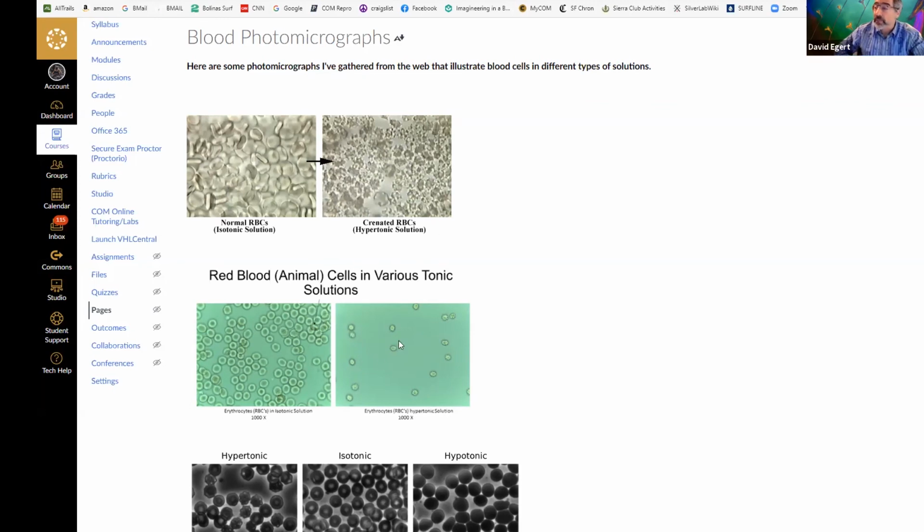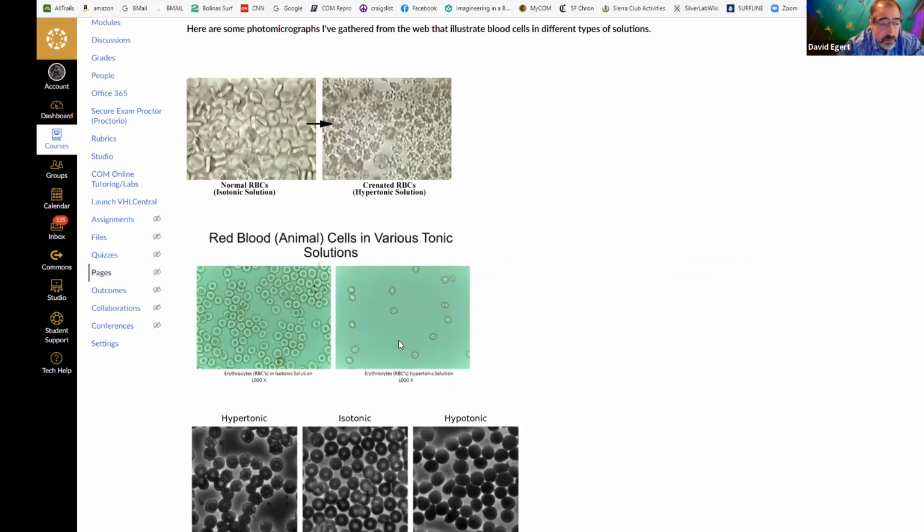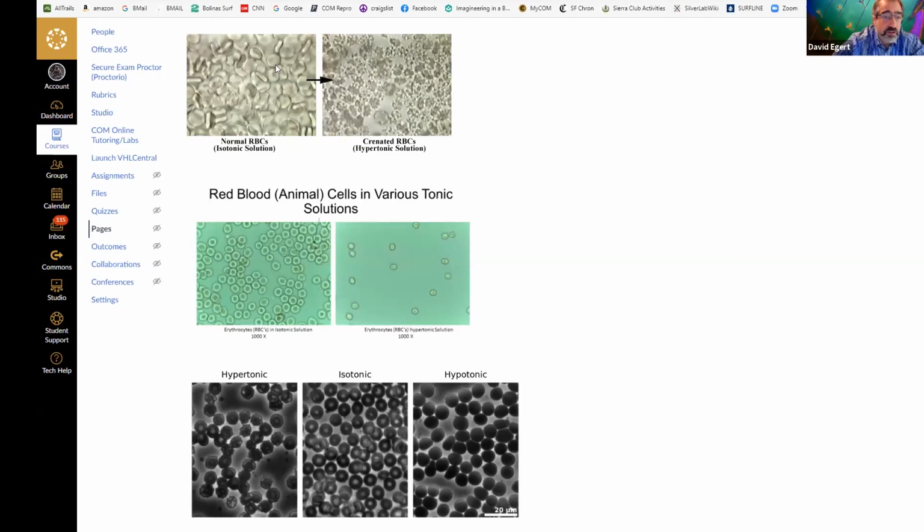On an exam, on your lab practical, I would feel okay showing you a picture of blood cells, and you should be able to look at these two and tell me which one was in the 0.6 osmolar versus the 0.3 osmolar.